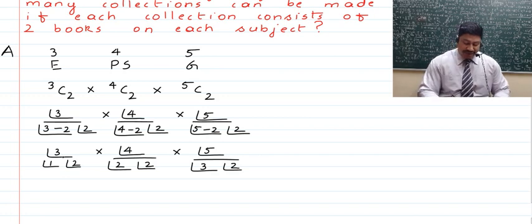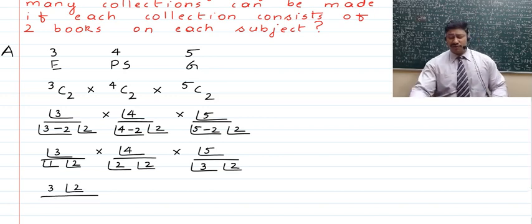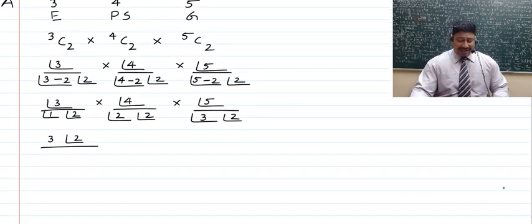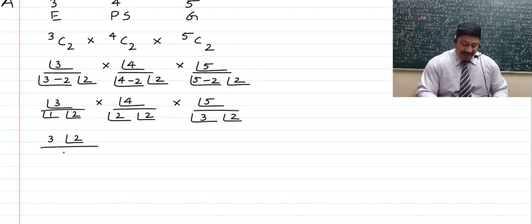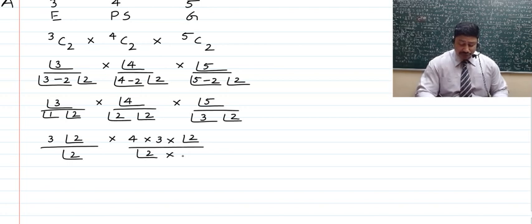Right now children, if we talk about factorial 3 here, we can write this as 3 times factorial 2, right? And in the denominator, factorial 1 will remain 1, as 1 is the multiplicative identity, so we can forget it. And here in the denominator we have factorial 2, and further this is to be multiplied with factorial 4, which can then be written as 4 into 3 into factorial 2, and then we have a factorial 2 in the denominator, and factorial 2 is obviously 2 into 1, which can just be written as 2.